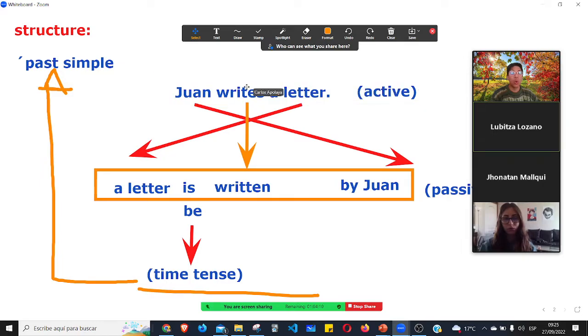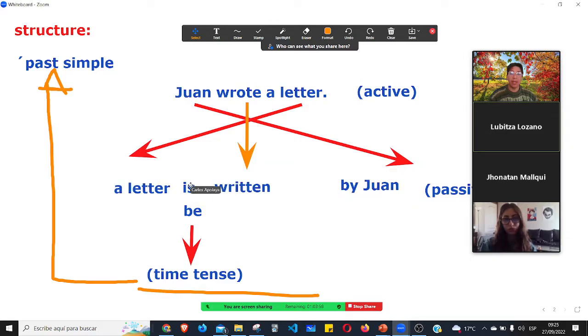Wrote. Amazing. So Juan wrote a letter. So a letter, you say is? Was. Yes, a letter was. Okay, so a letter was written by Juan.